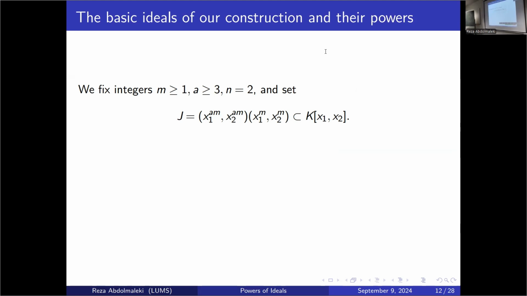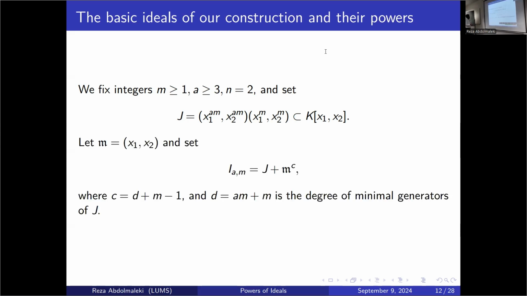J is x1 to the power a, x2 to the power a, multiplied by this ideal x1 to the power n, x2 to the power n. And we let, as usual, m be the unique graded maximal ideal of S.